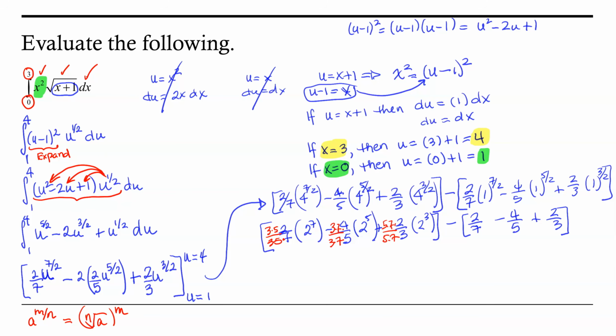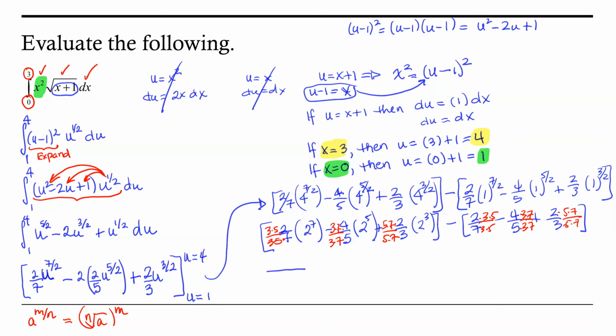And doing similar over here in my second group, I would multiply by 3 times 5 over 3 times 5. This would be 3 times 7 over 3 times 7. And lastly, this would be 5 times 7 over 5 times 7. So it turns out this common denominator is 105.